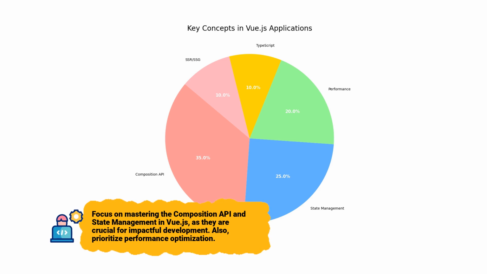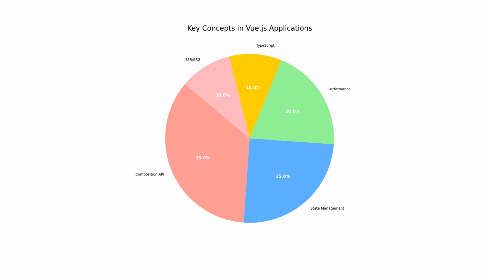So, when we look at the overall pattern, it suggests a clear prioritization. Core architecture and reactive composition, specifically the composition API combined with state management, account for a robust 60% of the focus. Performance follows as an essential secondary concern, while TypeScript and SSR/SSG provide important, albeit more specialized capabilities.